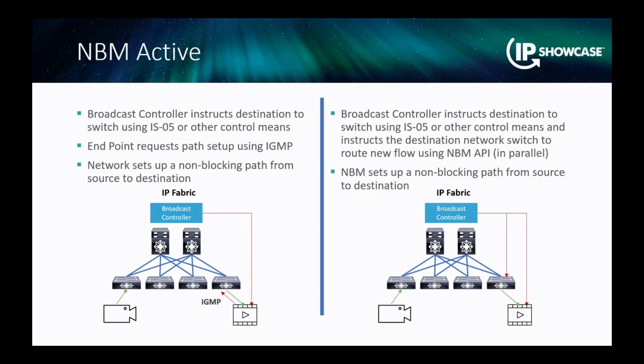In the second example, on the right, the broadcast controller uses ISO5 to signal to the receiver, but also uses the NBM API to signal to the switch that a receiver is present on the particular port. So these are just different ways to signal that there is a receiver, but all the flow stitching happens inside of the network. There is no other influence than having a source and signaling that there is a destination.